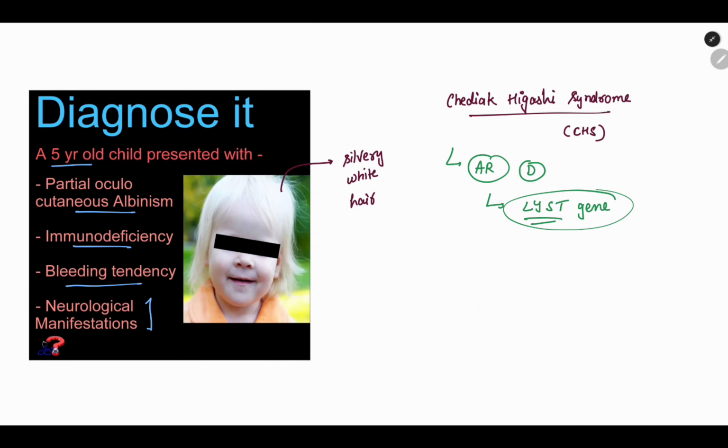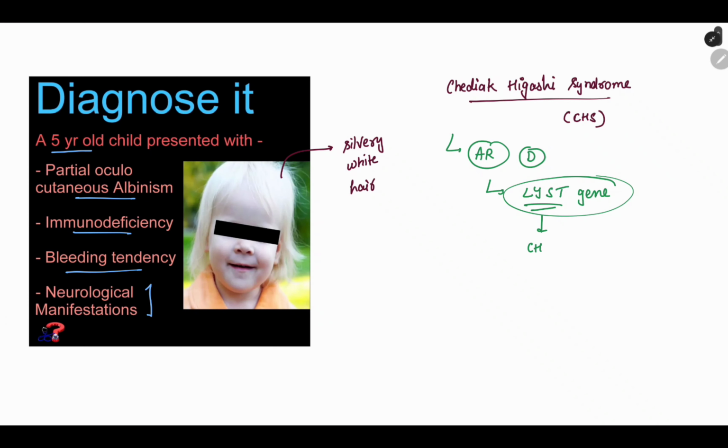It is the lysosomal trafficking regulator gene, also known as the CHS1 gene, where CHS stands for Chediak-Higashi syndrome. Along with controlling lysosomal trafficking, this gene also regulates the synthesis, fusion, and transport of the cytoplasmic granules.